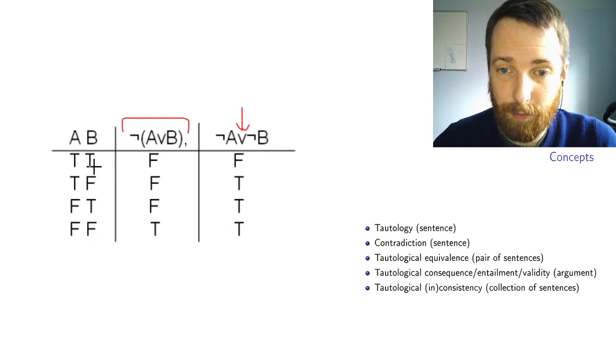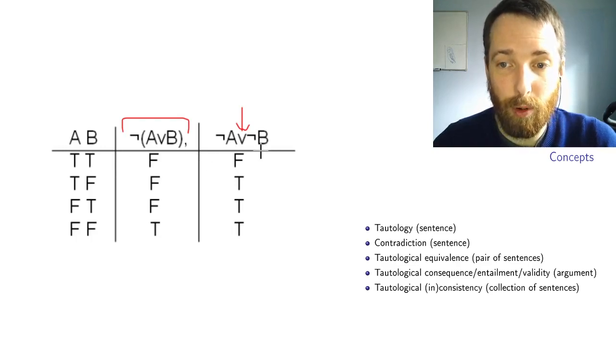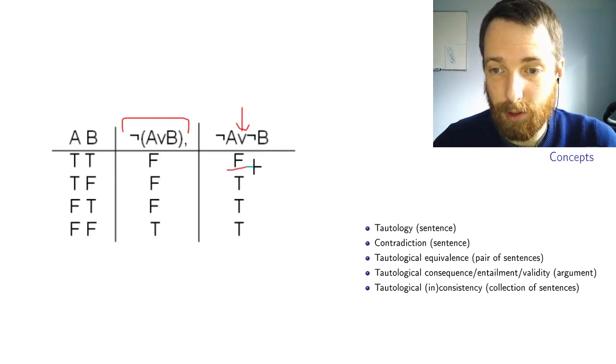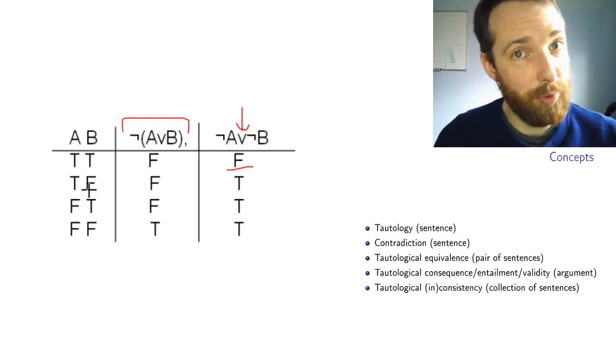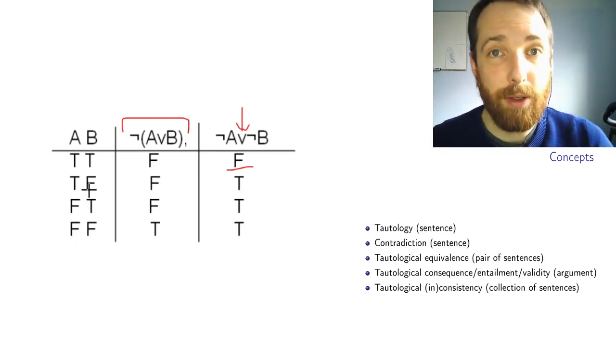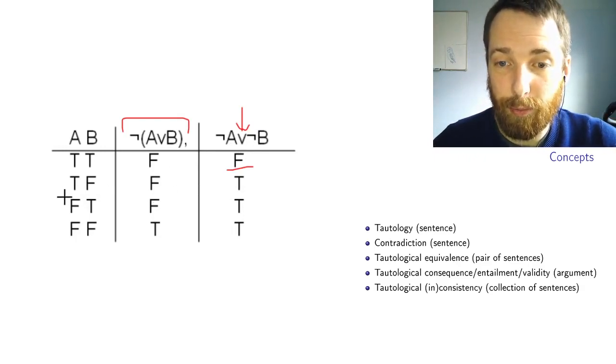Not B, that's false here. When I do an "or" rule on false or false, I get false. But now this next line, not A, that's still false. Not B, that's true now. And remember, the "or" rule says you just need at least one of these two things to be true. So false or true is true, which is different from what we get over here.